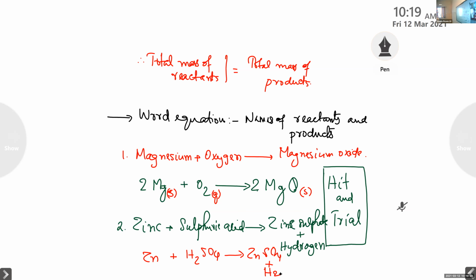The equation is already balanced. So before you begin your work of balancing the equation, you must check whether the equation is balanced or not.